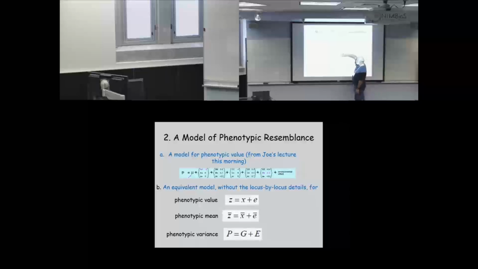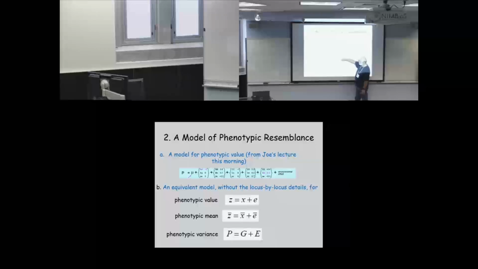As Joe pointed out, we're going to assume that these breeding values and the environmental values are independent. And so when we look at means and the second moments, things are nice and additive. There are no covariance terms out here because we've assumed that they're not there. And so in particular, if we look at the variance in phenotypic values, we're going to call that P. Notice how inconvenient that is up here. But we're going to call that the phenotypic variance, as we could estimate it by taking the variance in phenotypic values from individuals in our population.